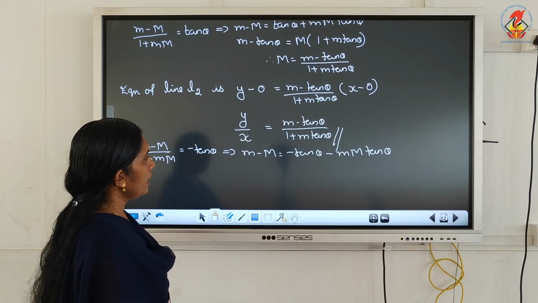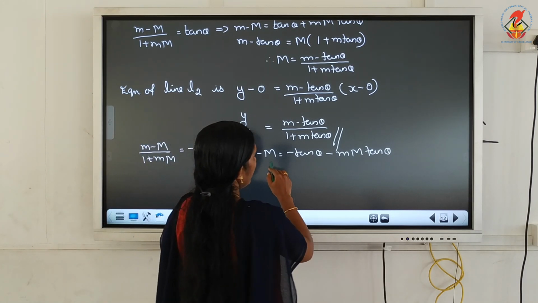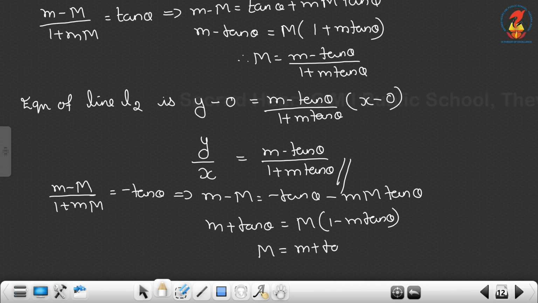So how to find M when we take terms to that side? M into (1 minus m tan theta) is equal to m plus tan theta, or M is (m plus tan theta) by (1 minus m tan theta). Just the opposite sign. Compare this M and that M: here minus, here plus.